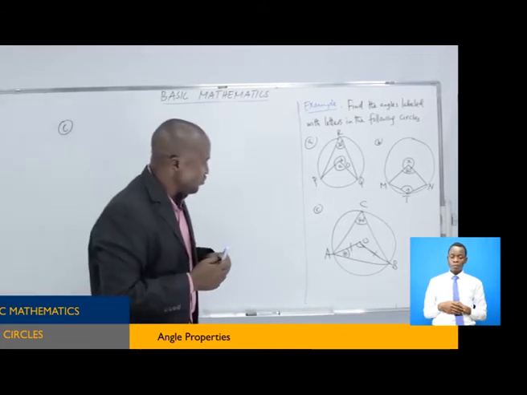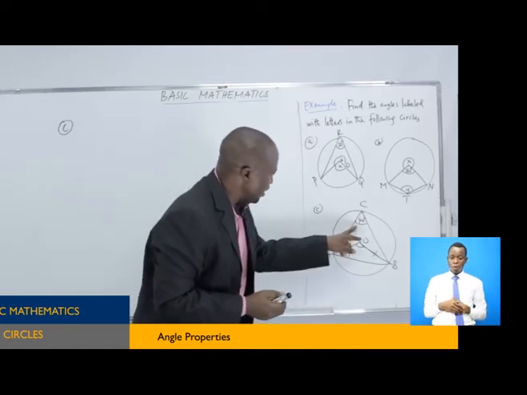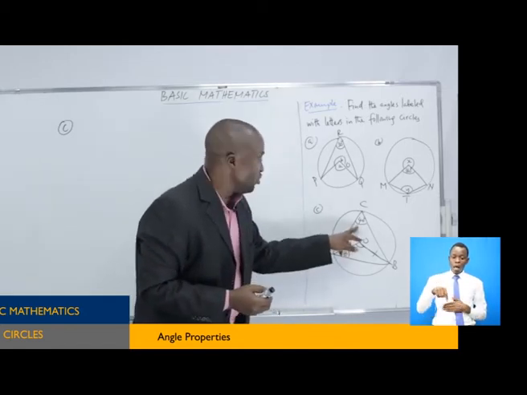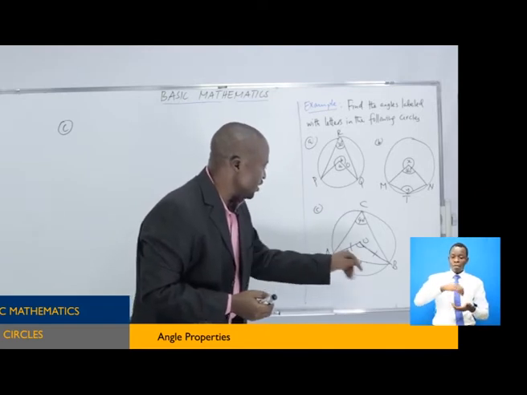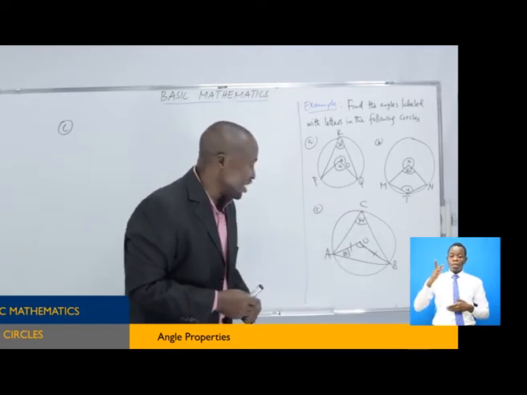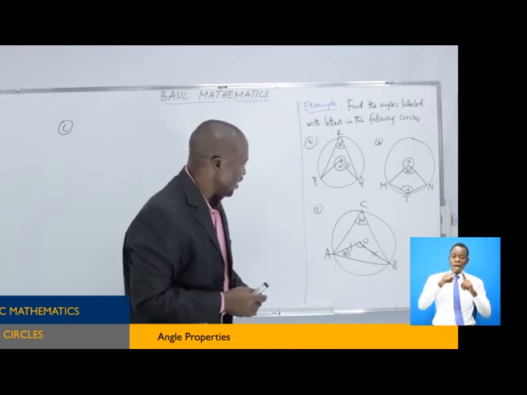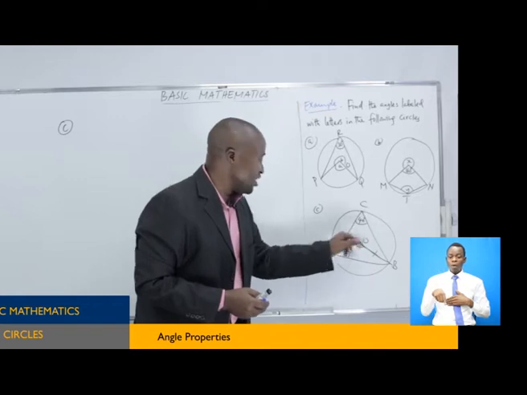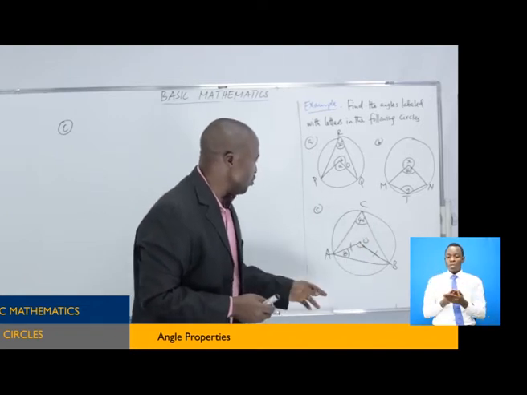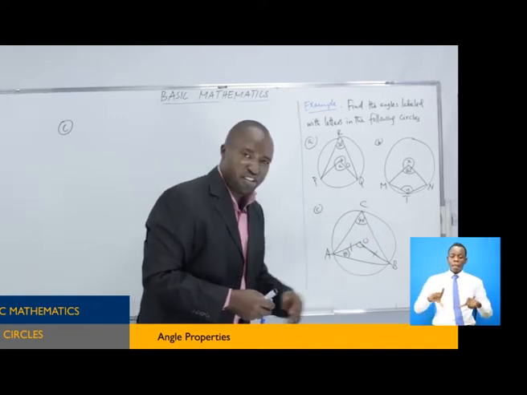Now this time, there is an angle at the circumference which is equal to 40 degrees. And again, there is angle Z which is in an isosceles triangle. Now remember, angle to the center is double angle to the circumference. Now it is possible to find angle AOB.